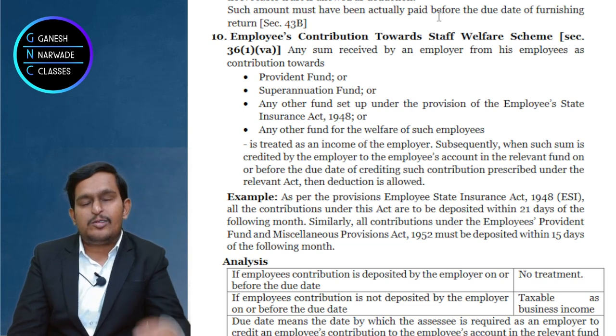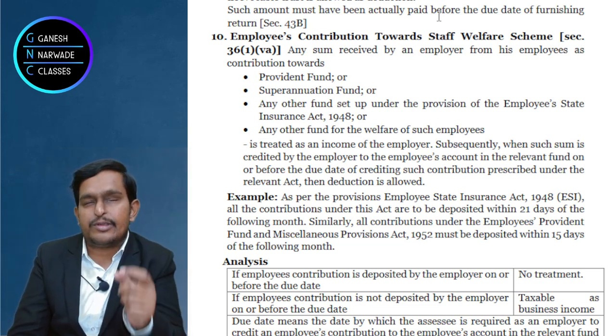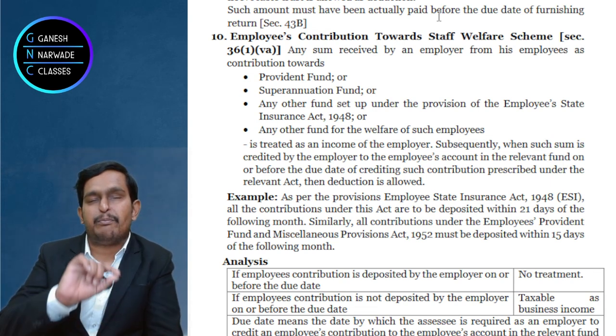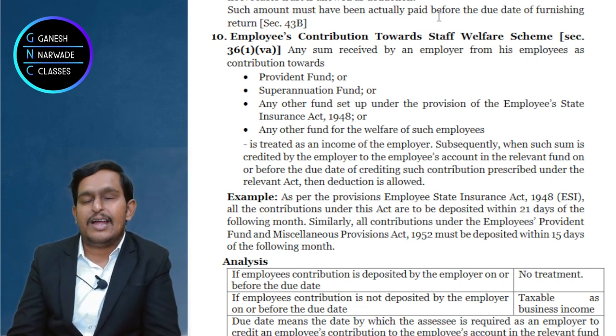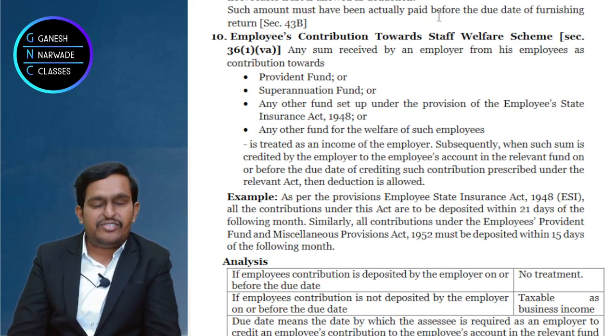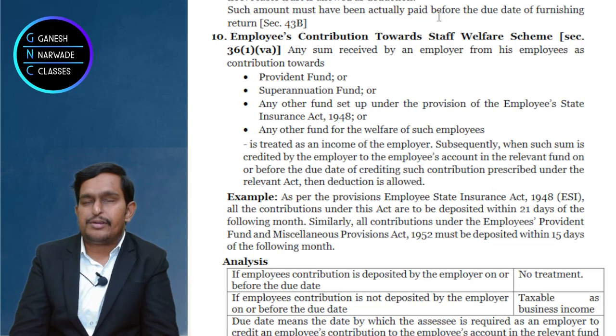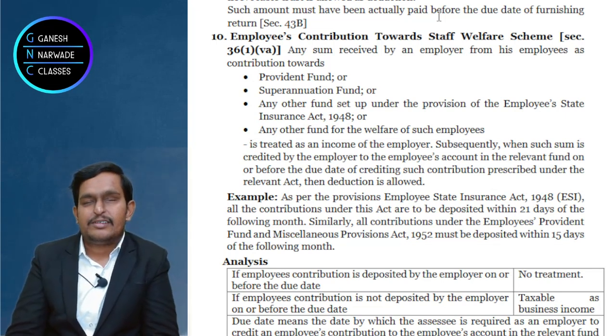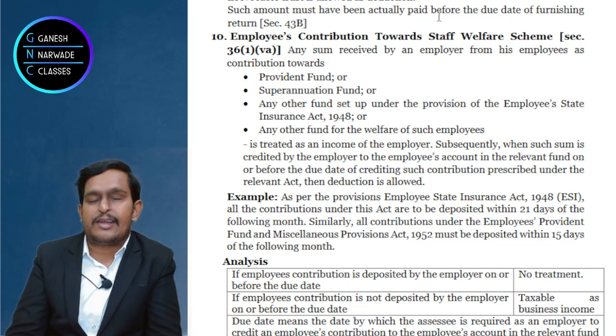So the employer should not only deduct this 12,000 from your salary, but his responsibility is to deposit before that due date. Okay. If suppose he deducted and deposited in time, then you can ignore, no need to do any treatment.